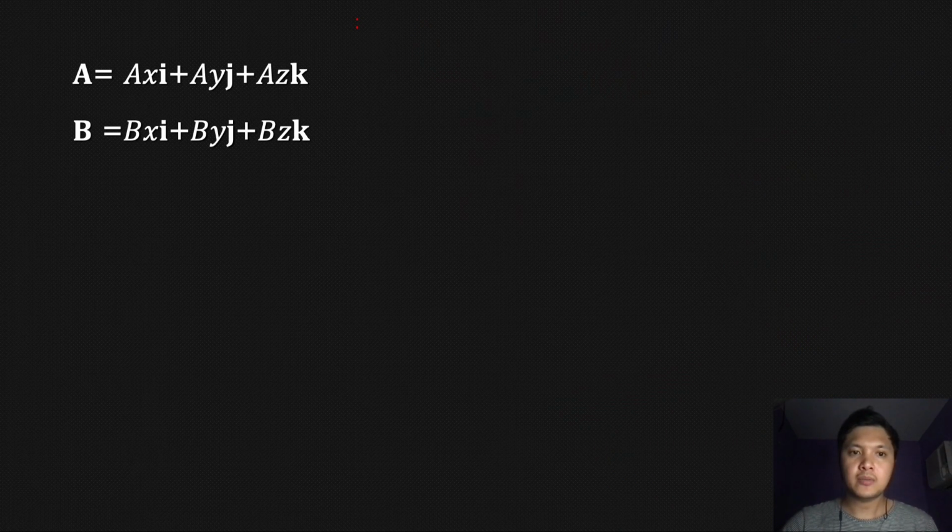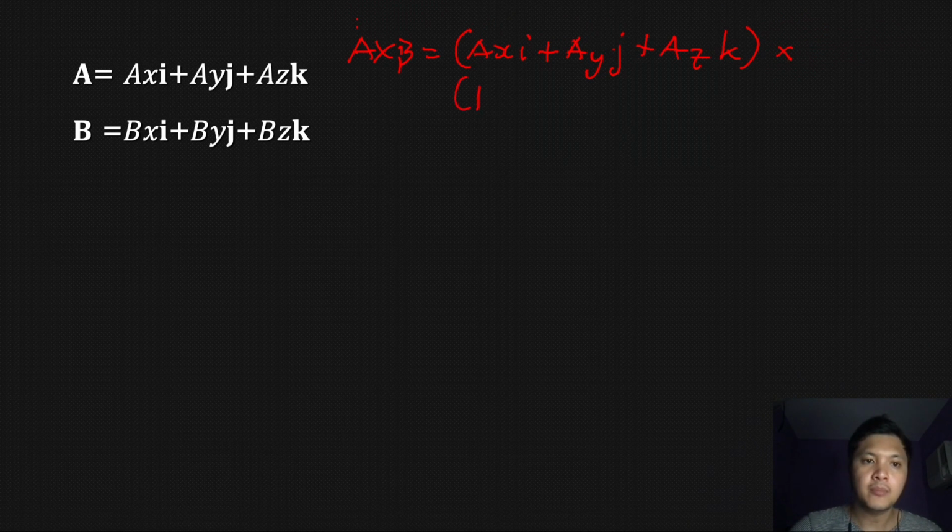Now if you want to cross A and B, that is equivalent to AXI plus AYJ plus AZK, and then cross with BXI plus BYJ plus BZK.